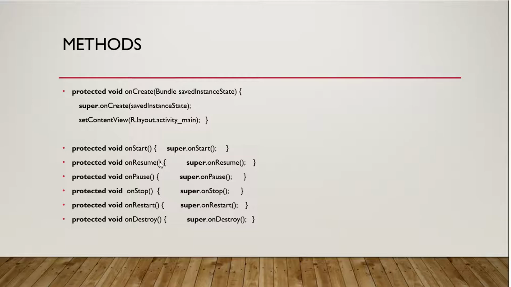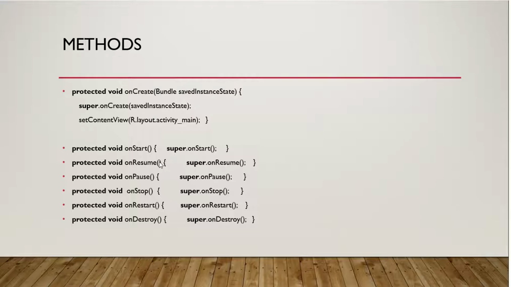The onCreate method is called when the activity is first created. This is where you should do all of your normal static setup: create views, bind data to lists, and so on. You can do whatever you want.